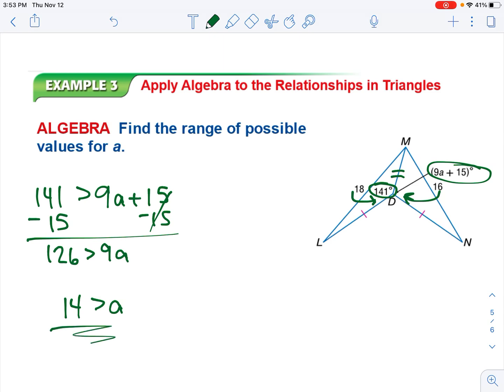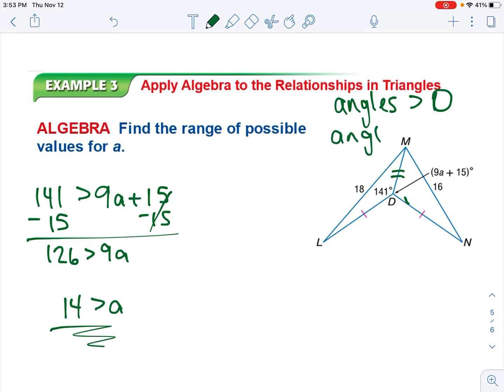So we have that bound, but we need a second one. Recall that angles must be greater than 0, and angles must be less than 180.